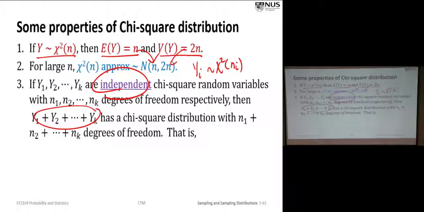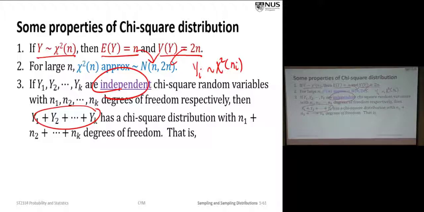So the sum of a bunch of independent chi-square random variables again follows a chi-square distribution. But of course, the parameter changed: it becomes the sum of all these degrees of freedom.